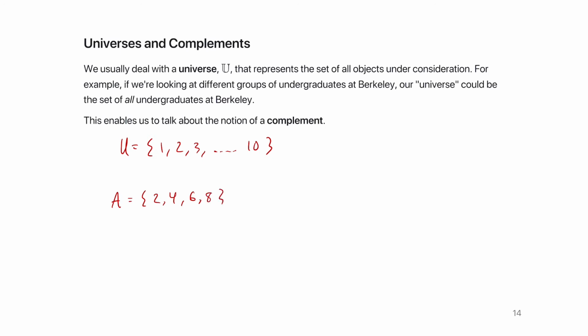The complement of A will be the set of all elements that are in the universe, but that are not in A. Is that clear? So that would look like 1, 3, 5, 7, 9, 10. So it's the set of everything that's in the universe, but not in A. Right? And the notation we use for this is usually A^C, the complement of A.